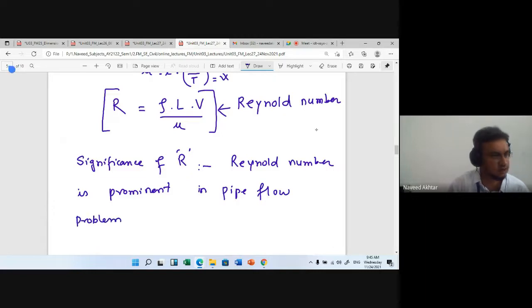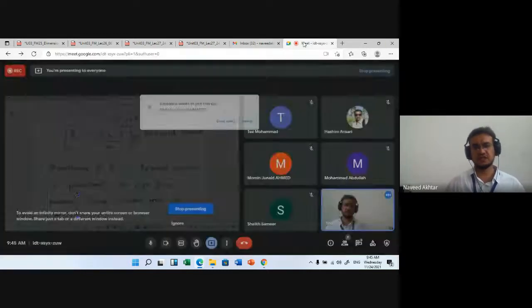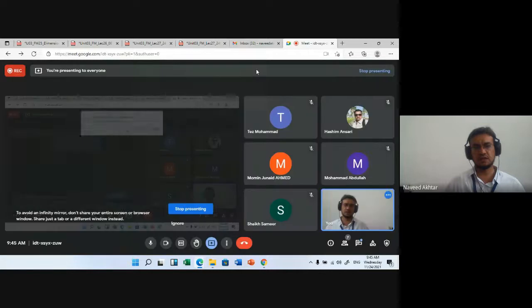Okay, this is the significance of the Reynolds number. The viscous force is tau. So this is nothing but Reynolds number.